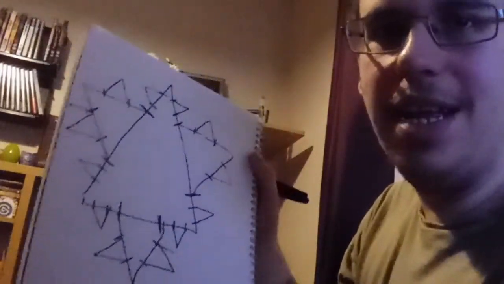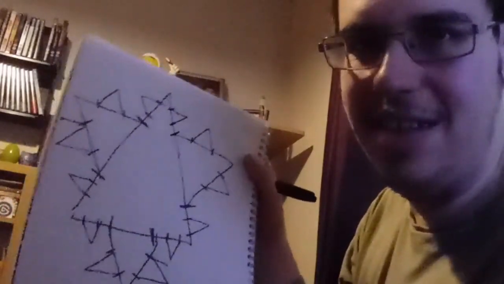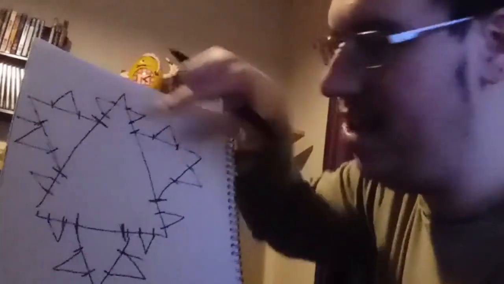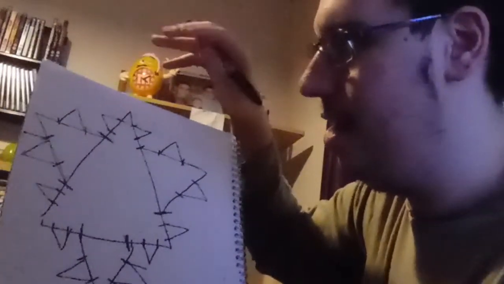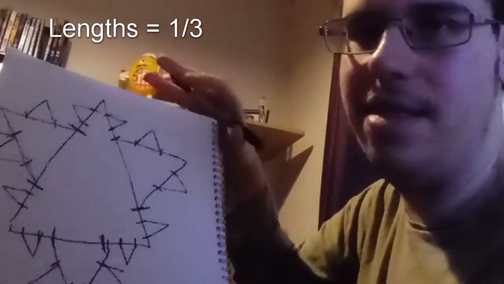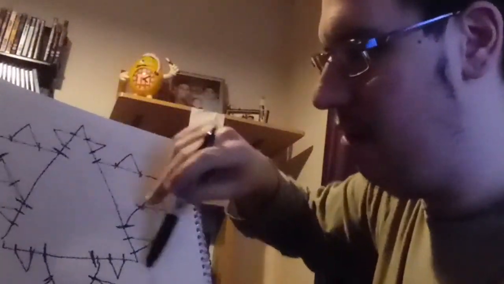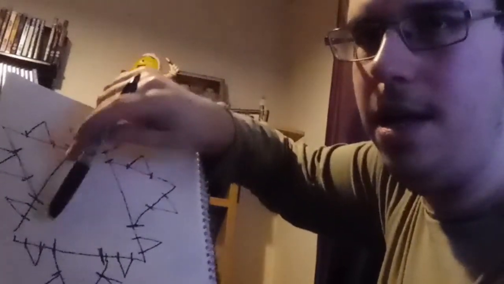And so what we can infer from this is that, basically, we have once again split the lengths of all the sides again. And so instead of having a length of a third, we now have a length of a ninth, because all the sides before, when we started off, this big triangle was length 1.